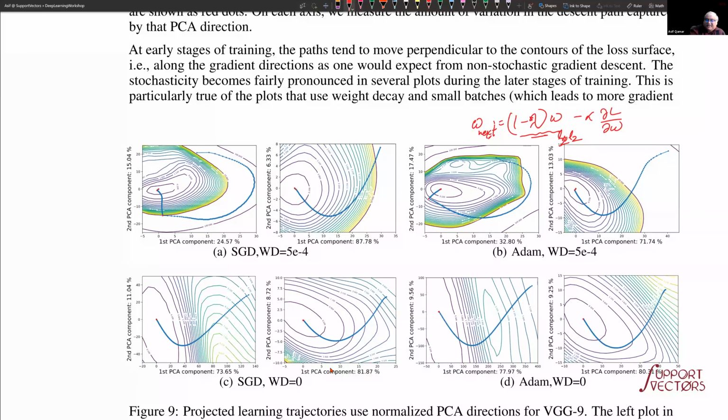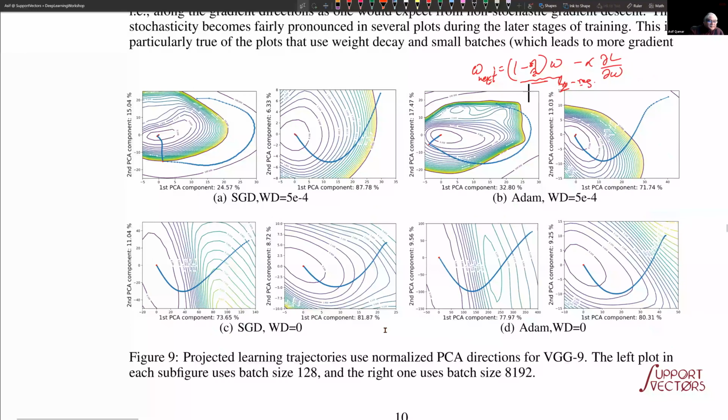L2 regularization will produce weight decay, but you can have more explicit weight regularization by setting the weight decay parameter explicitly. So there is a subtle difference between the two.